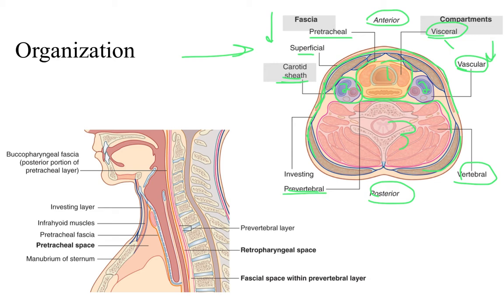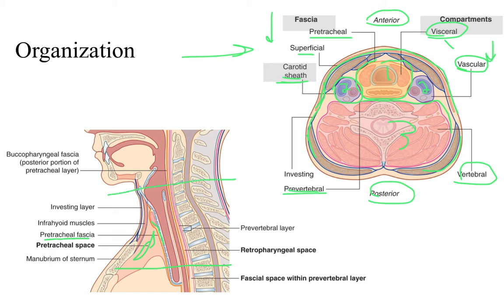all surrounded by fascia known as pretracheal, carotid sheath, and prevertebral. And then the picture on the left here is just showing you pretracheal fascia, where that would be on a lateral view, sagittal section of a person in the pretracheal space. All right, so all of this is really considered neck.